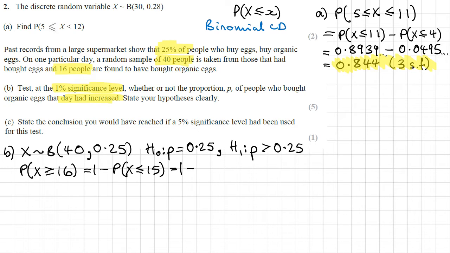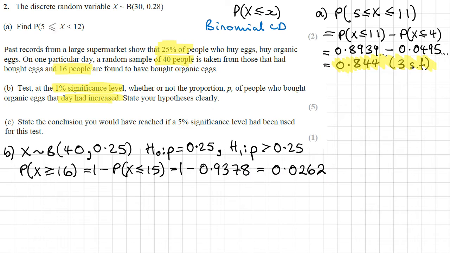So that'll be 1 minus, and from my calculator, 4 decimal places is 0.9378, and so that will give me a value of 0.0262. Okay, so there's my 3 significant figures, so I did need the 4 decimal places in this case.